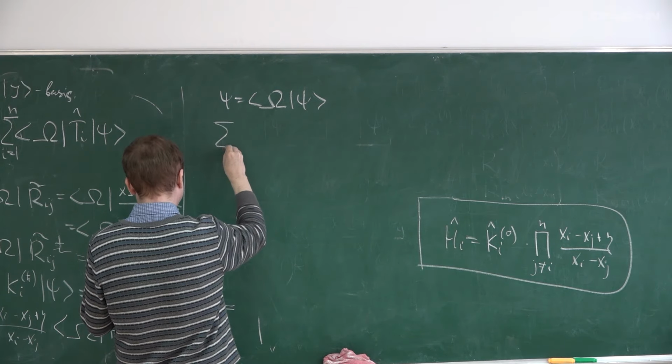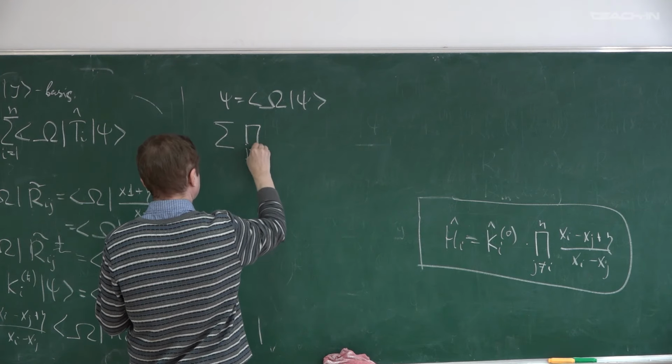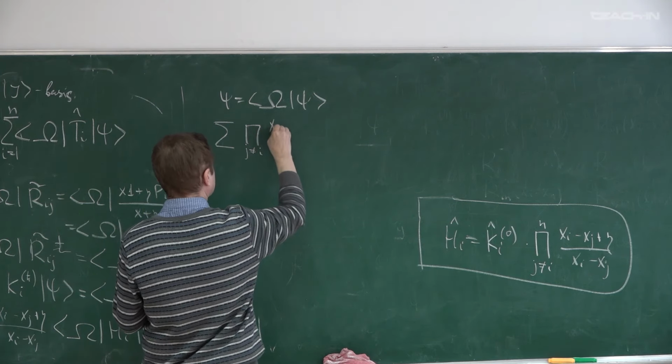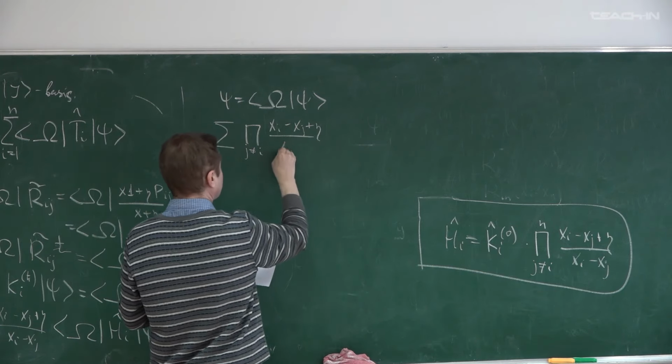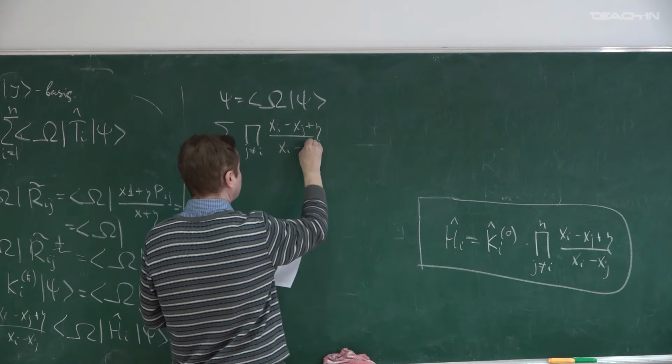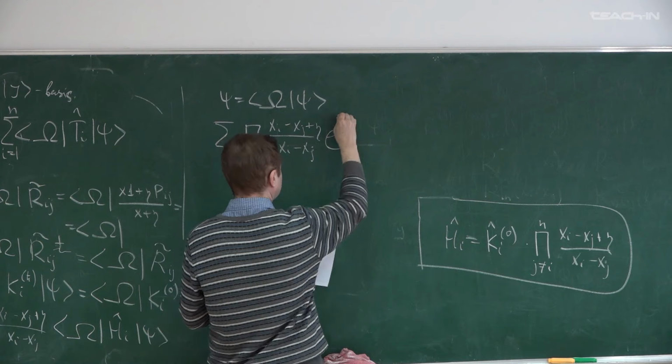Then the action of the following operator on this psi, and you may recognize the rational analog of the Macdonald polynomial, and this is in fact the rational Ruijsenaars-Schneider model.